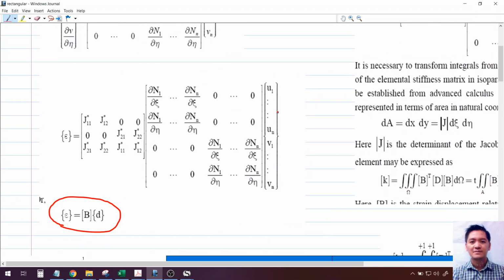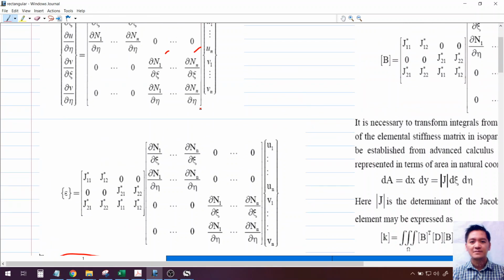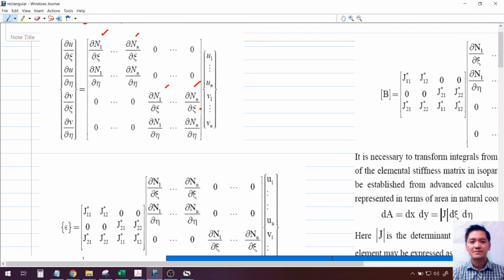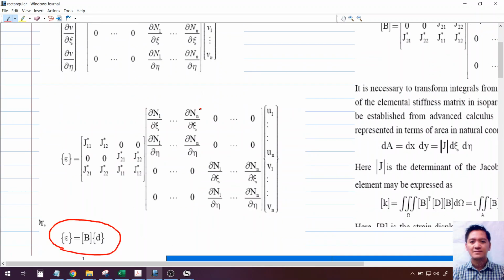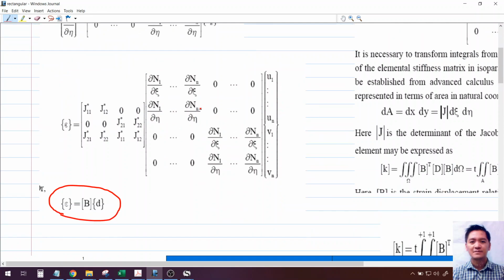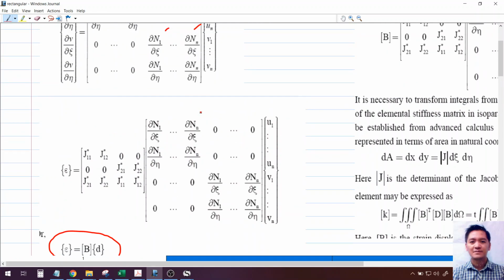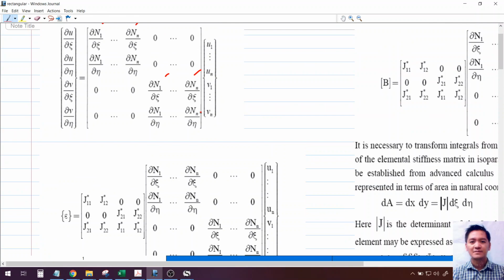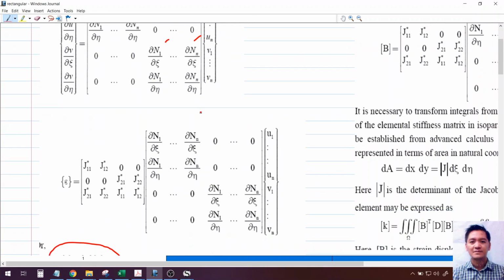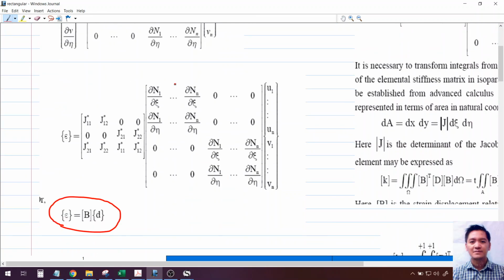Okay. So, further. Okay. So, strain is BD. That means B is actually this.